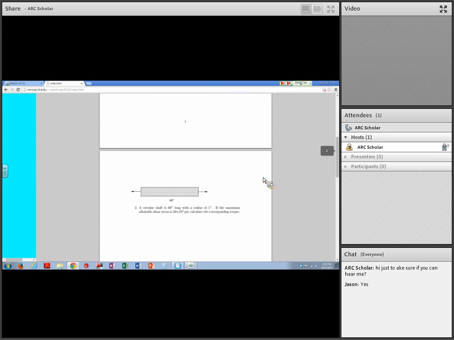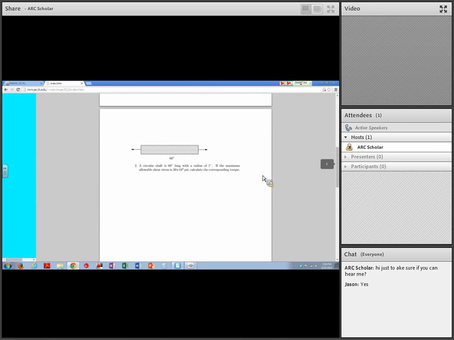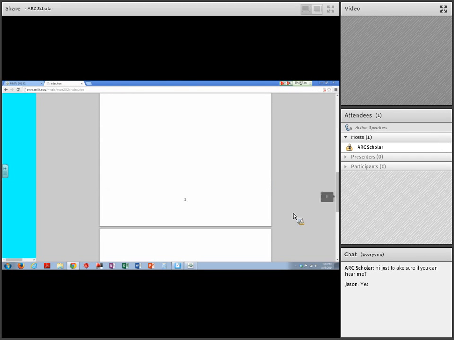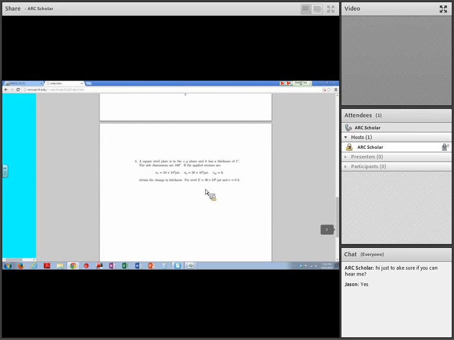Question 2 is about torque. I'm not sure this is going to be in your exam, but question 3 you should be able to solve, because it's about the Poisson ratio that we talked about just now. This is like a 3D problem. This is a steel plate with a thickness of 1 inch.